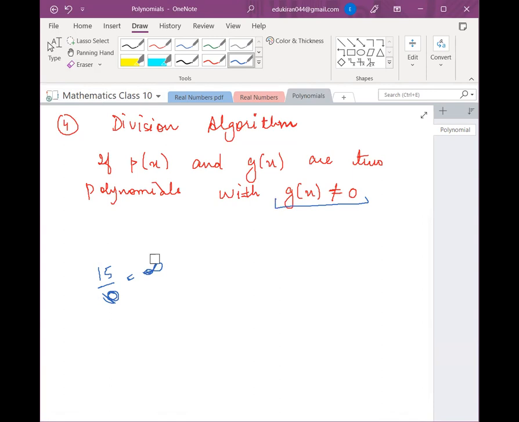So far it's not saying anything. It is only saying that p(x) and g(x) are two polynomials, and g(x) is not equal to 0.